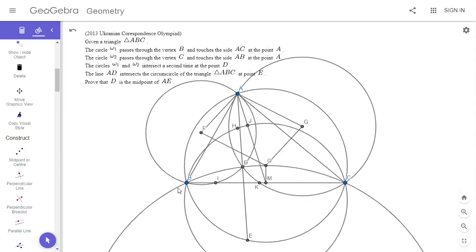AIC is similar to ABC. And I guess this means that DIA is 180 minus angle A. So DAI is DIC.